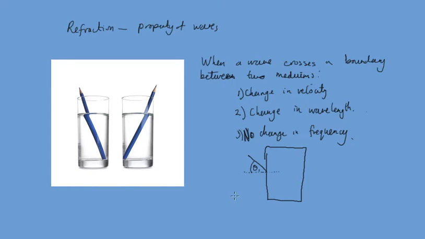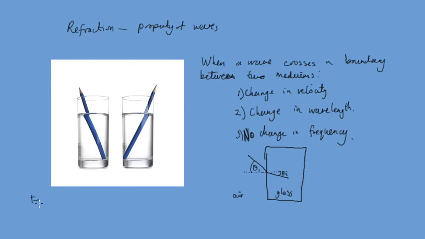Then this is air, say this is glass. Glass has a higher density than air. So when the wave goes from a low density to a high density medium, it bends towards the normal.